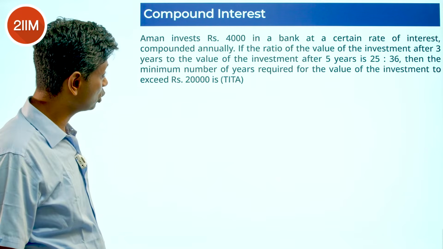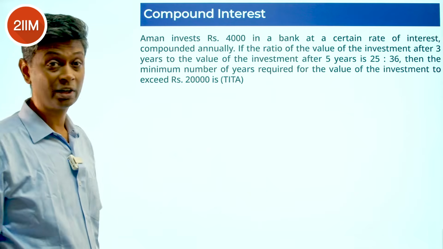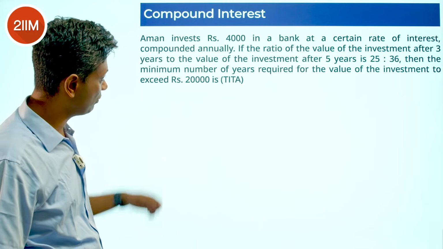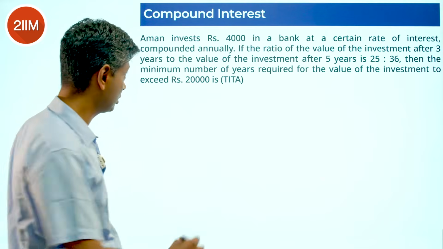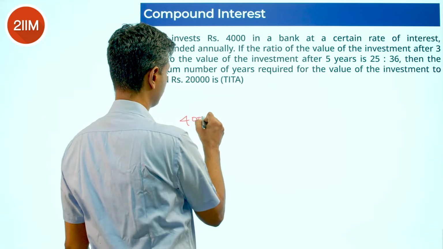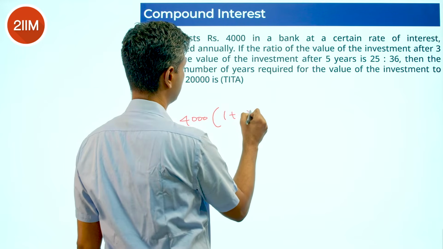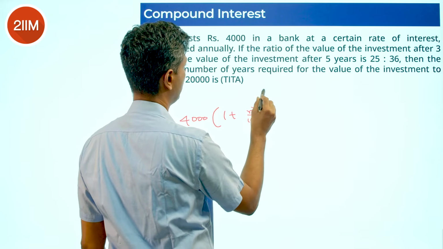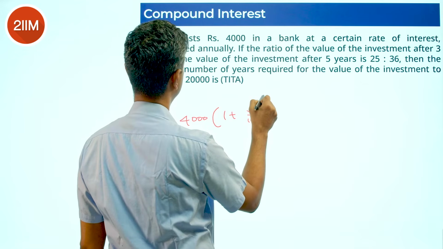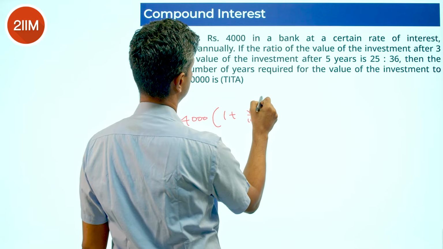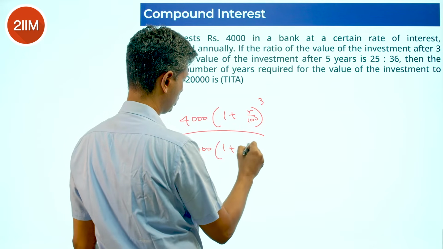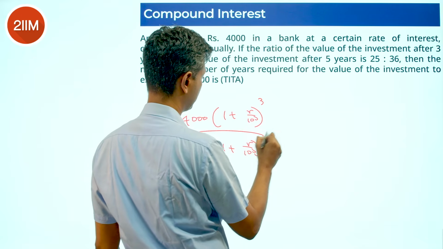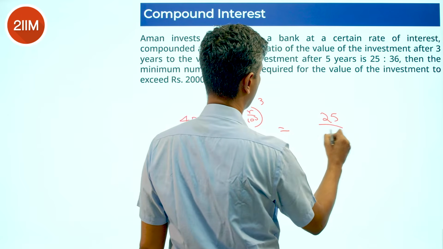Aman invests rupees 4,000 in a bank at a certain rate of interest compounded annually. The ratio of the value of investment after 3 years to the value of investment after 5 years is 25:36. 4000 into 1 plus r by 100 whole power 3 by 4000 into 1 plus r by 100 whole power 5 is 25 by 36.